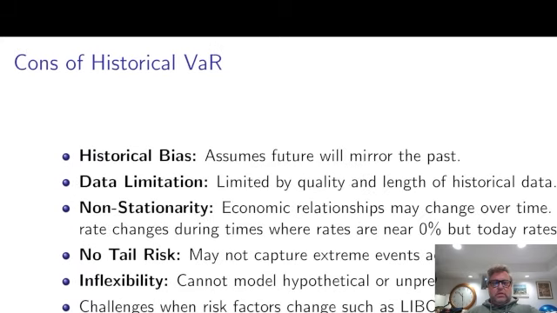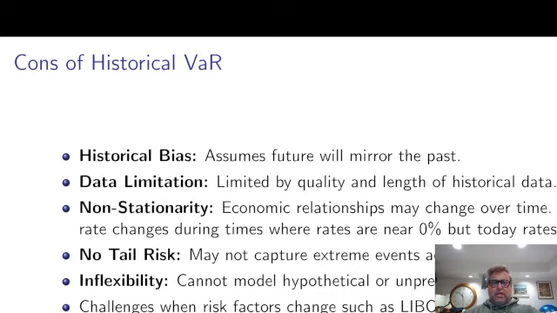So the negative is, in a certain period, it basically assumes that the future is similar to the past. You remember when interest rates were almost zero for many years.